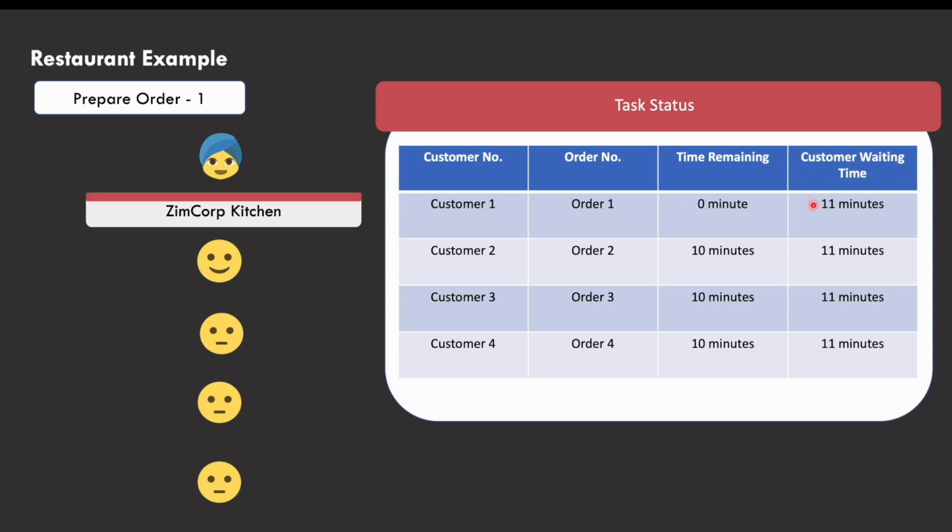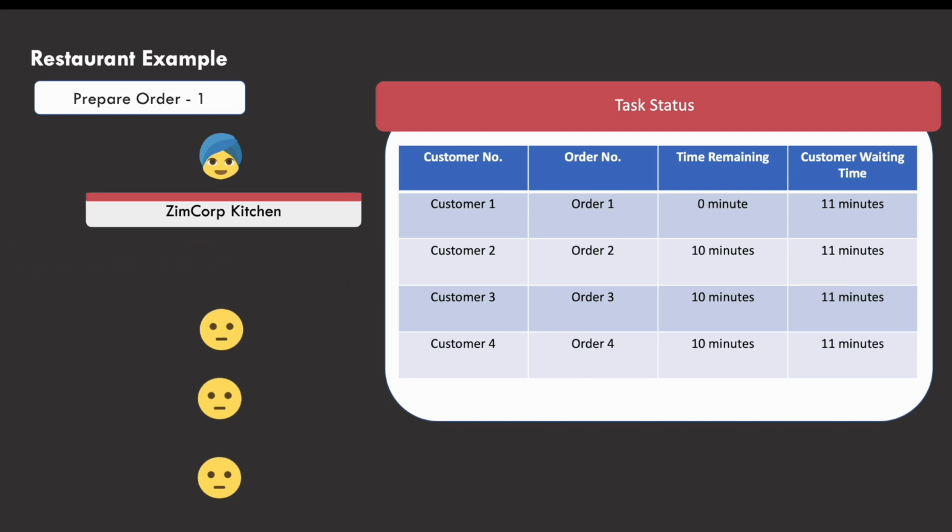The customer waiting time is 11 minutes for all, right? So the customers have waited for 11 minutes. The good thing for customer 1 though is that the order is done. So customer 1 only had to wait for 11 minutes and can go, whereas the other customers are not quite happy, right? Because they waited already for 11 minutes and nothing has happened.